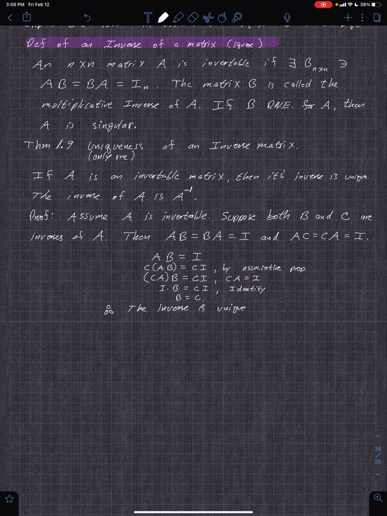But the concept, I think, is the most important thing here. When you're showing uniqueness, that's how you do it. You assume that there's two different things, whatever you're showing, that have the same property. And then you show those things must be equal. And then that means it's just exactly one thing.